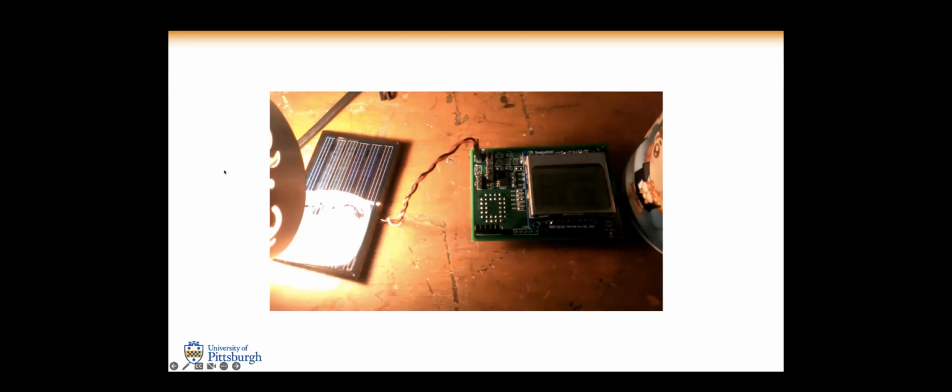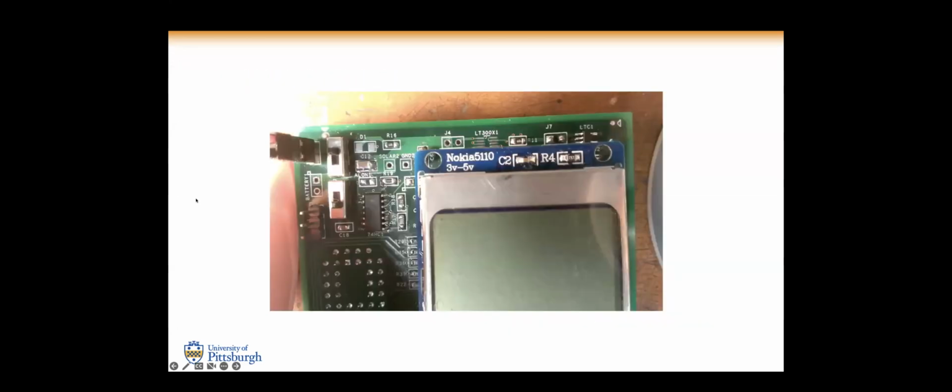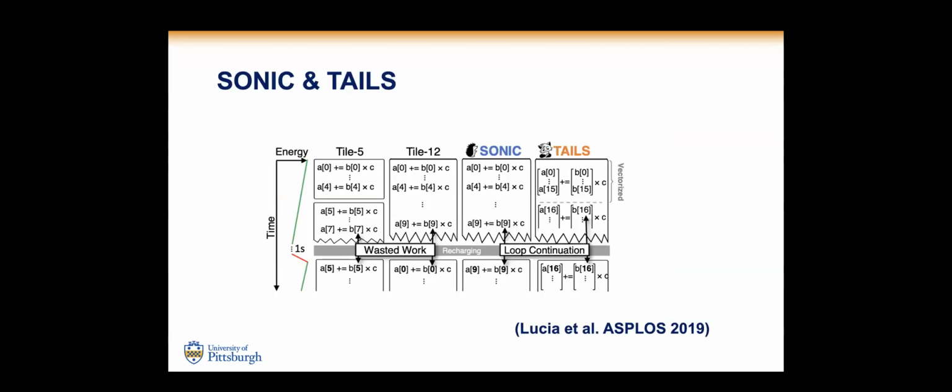When we were thinking of deep neural networks, the most intuitive way we came up with was to ask, can we do something similar? It turns out, yes, we can. Actually, when we thought about this, we found out someone else had already done it. This is an ASPLOS paper published in 2019. Whenever there is a power failure, they save the intermediate results of all these convolution operations.